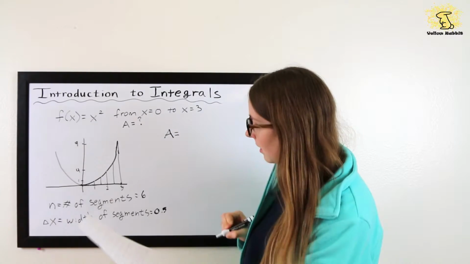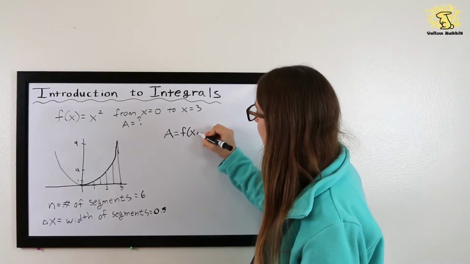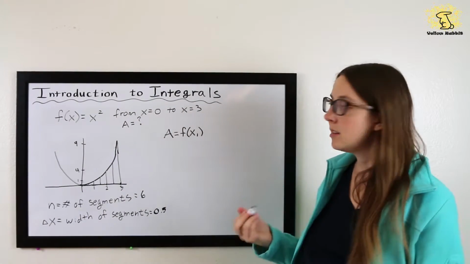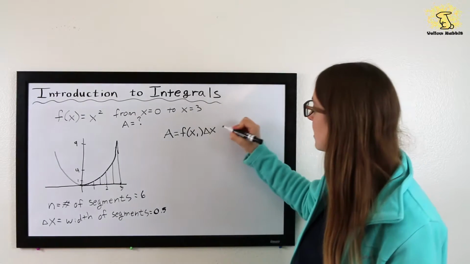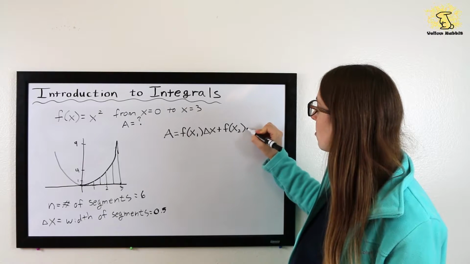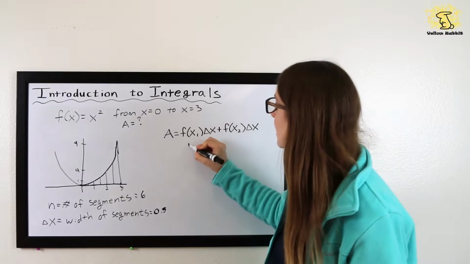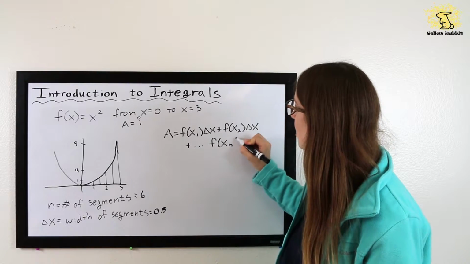I could still write this out, however. I could write my area approximation. It's always equal to the function evaluated at one point times this width, delta x, plus the function evaluated at the next chosen point times delta x, all the way out to the final chosen point.